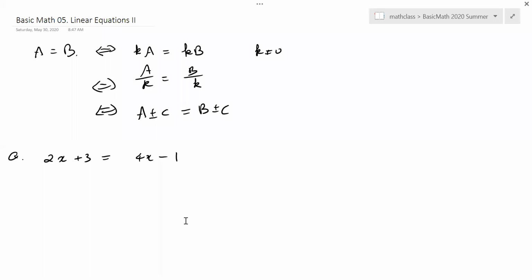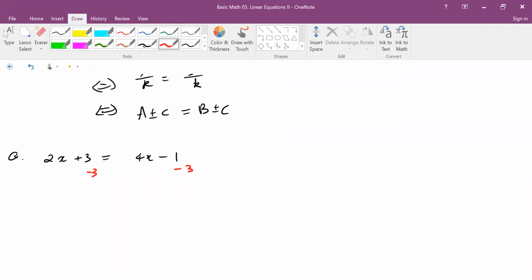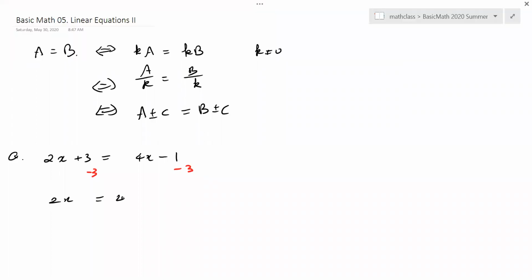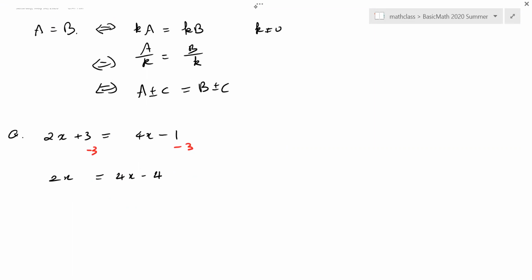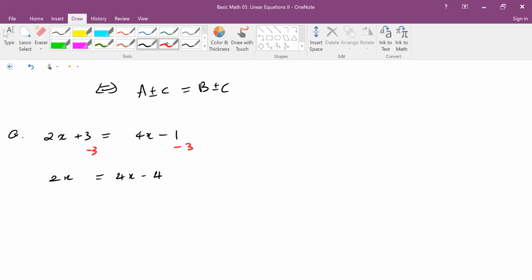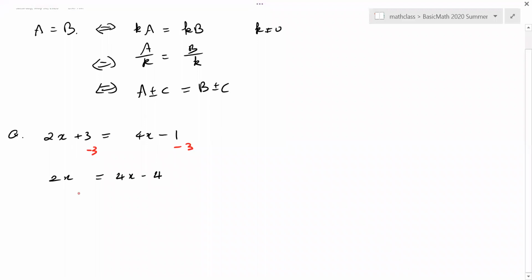There are many ways to solve the problem. If you want to keep x on the left-hand side, you can subtract 3 from both sides. Then you end up with 2x equals 4x minus 4.